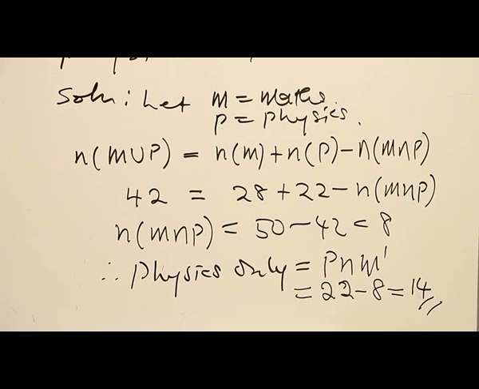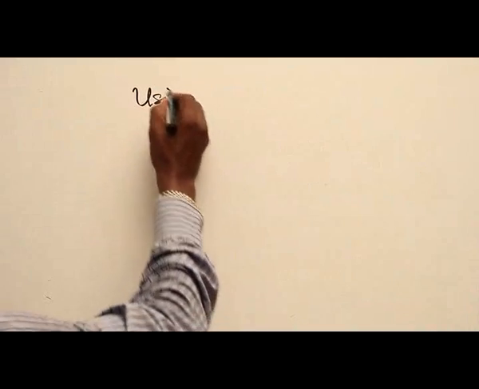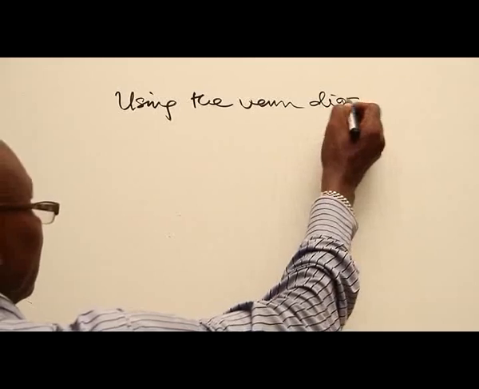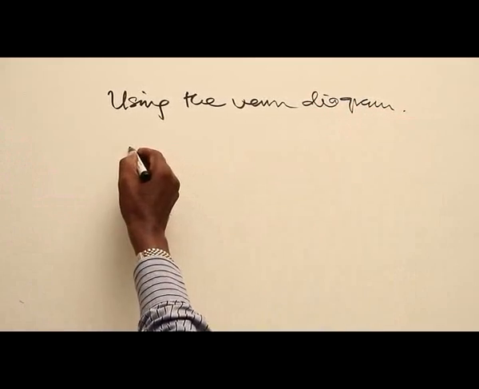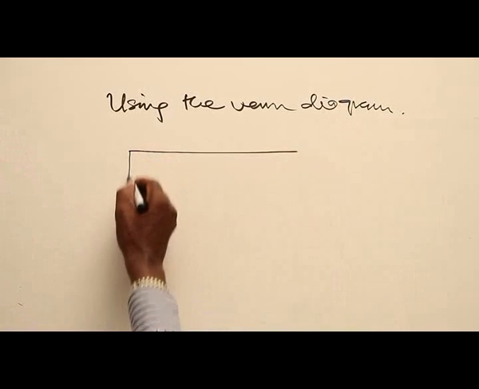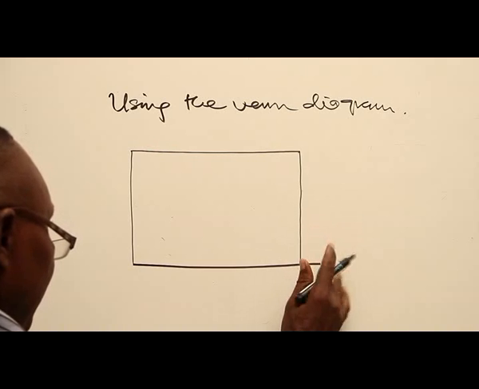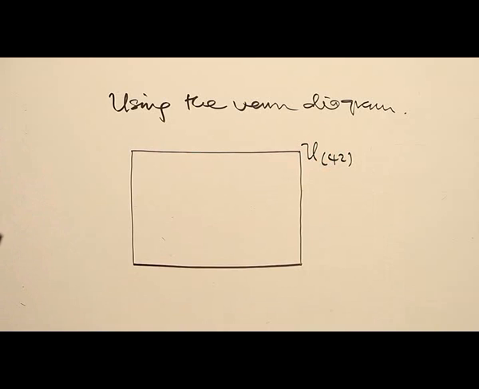Now, alternatively, we can use the Venn diagram. So let's say using the Venn diagram, let's take this as the universal set, and the number is 42.